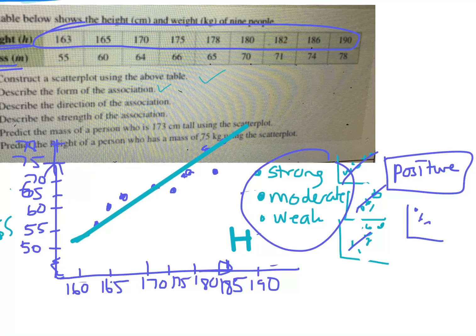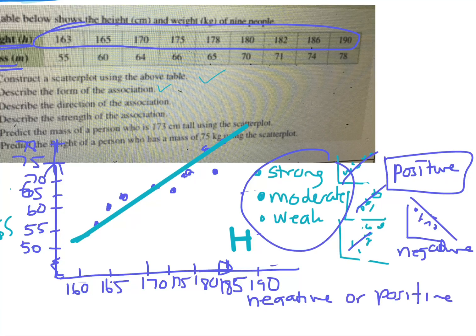If the gradient was negative and it was going like that, the relationship would be negative. So you have to see whether it's strong, moderate or weak, and also whether it's positive or negative when you talk about the gradient. Is it decreasing or is it going up? So that's describing the form.